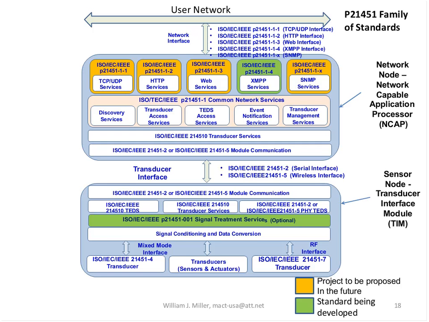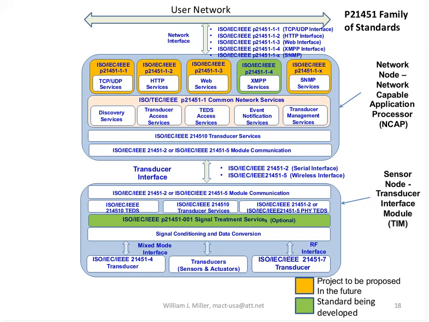And this is kind of the overview of the 1451 standard, which is now called 21451. Recently, ISO has now added the 2 in the front to a lot of the IEEE standards numbers. But the original architecture that you see here, which was called a NCAP and a TIM, was used to develop the basic sensor interfaces of the 1451 standard.